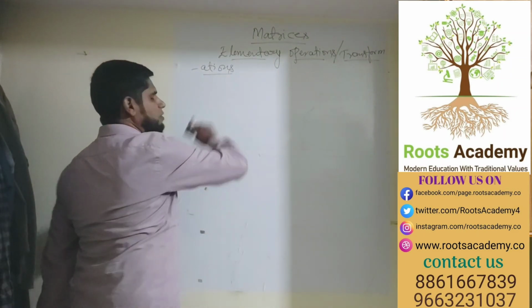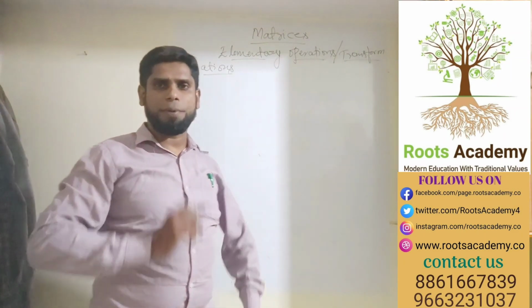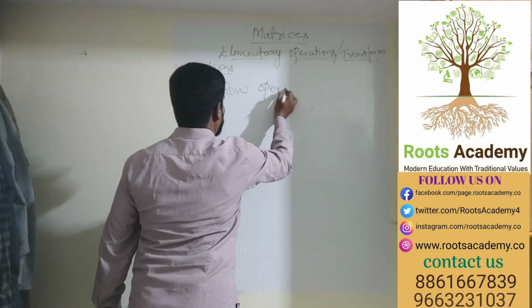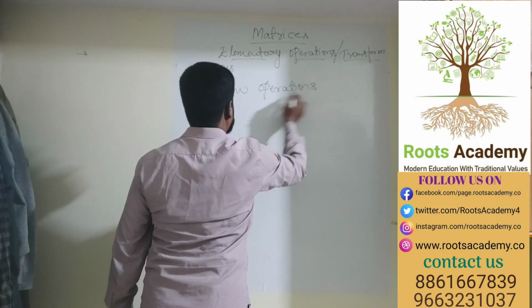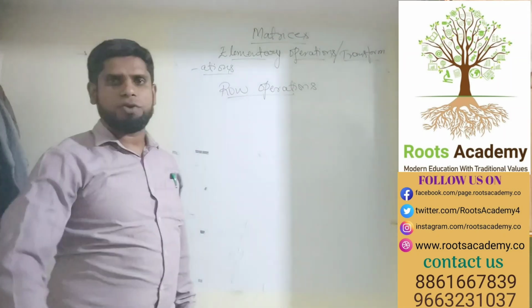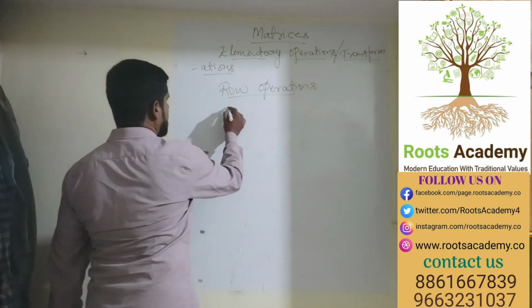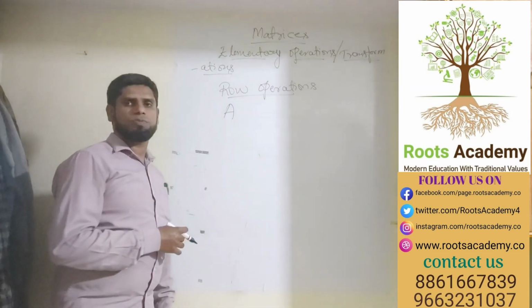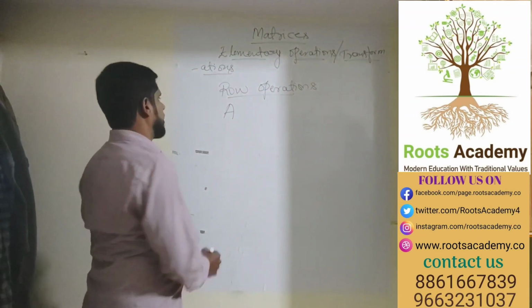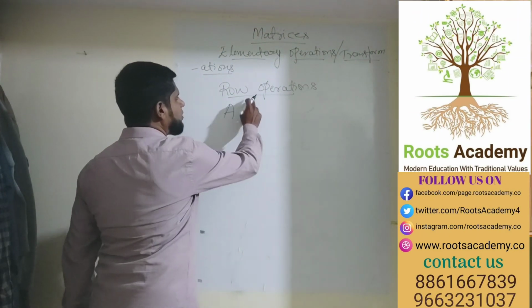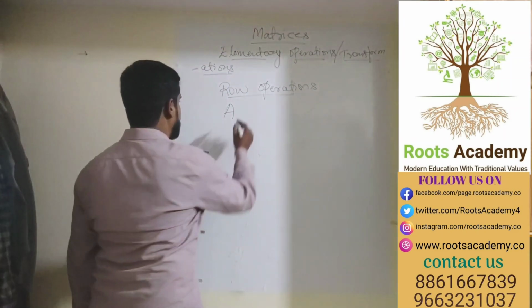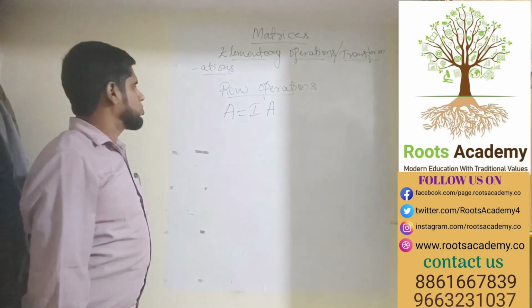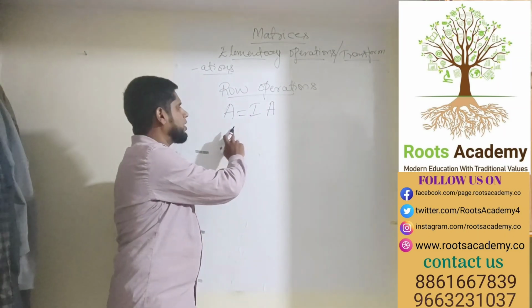The first method is to find the inverse with the help of row operations. What exactly we'll do in row operations is, if we have a matrix A, it must be a square matrix, only then is it possible to find the inverse.